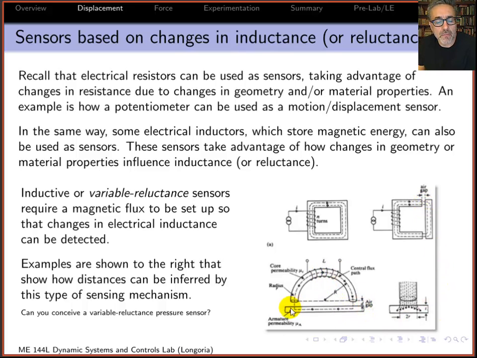So this shows an example. You might have a magnetic flux flowing through this magnetic circuit, and as this air gap increases, you can detect that inductance change, and by that infer what that distance is. And so you can get very sensitive types of devices this way.